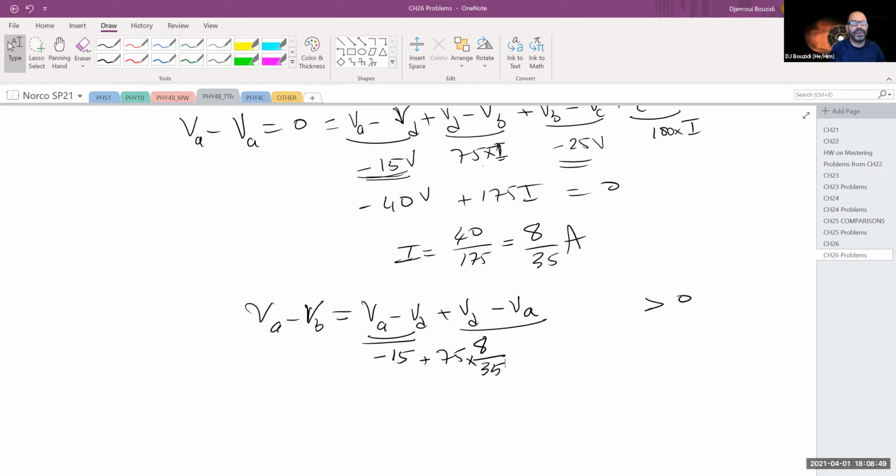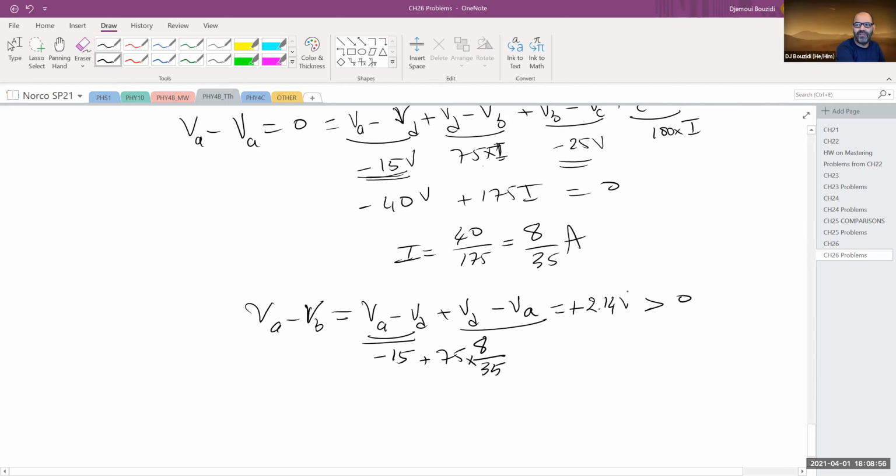So it's a positive number. It's actually a positive 2.14 volts. Okay, 2.14 volts.